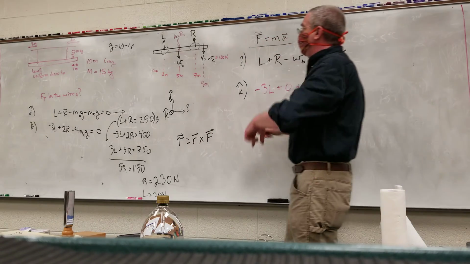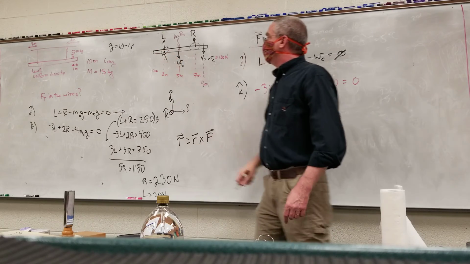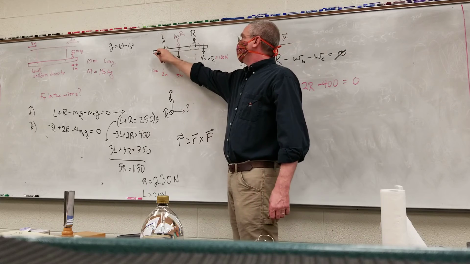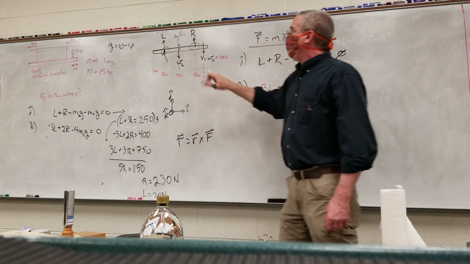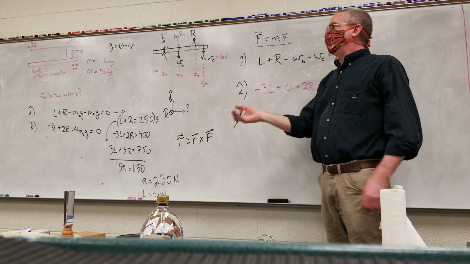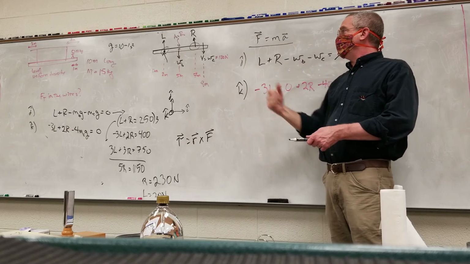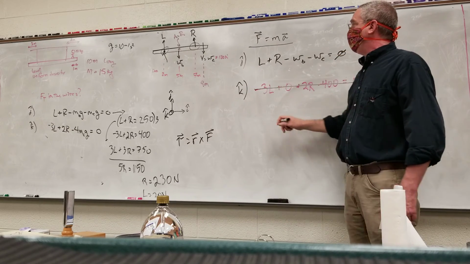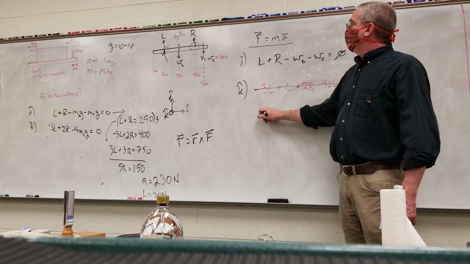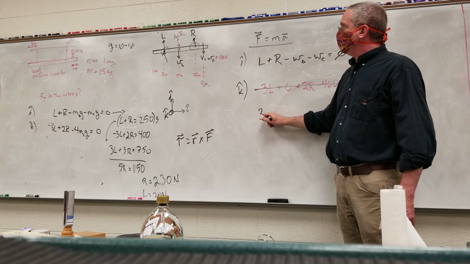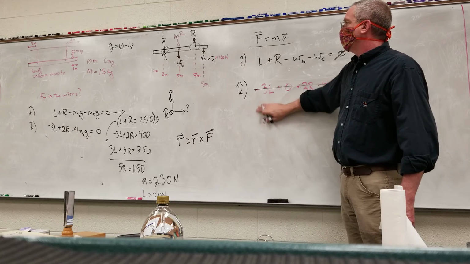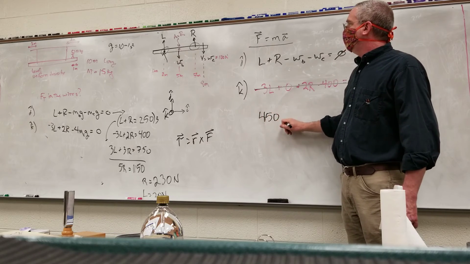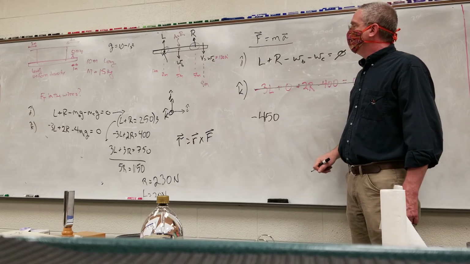If we pick the left one as our axis, the weight here is causing torque into the board. So this equation now would become 3 times 150, or 450, negative.